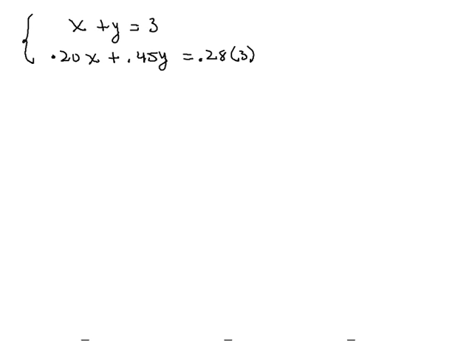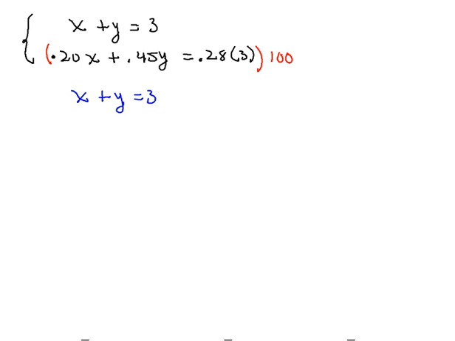Now to solve the system of equations that we've created, I think the best first step here would be to eliminate the decimals in the second equation. It'll make life a little bit easier and there'll be less chance for error if we do that. So to accomplish that, all we need to do is multiply every term in the equation by 100. The first equation will stay the same, so that'd be x plus y is equal to 3.